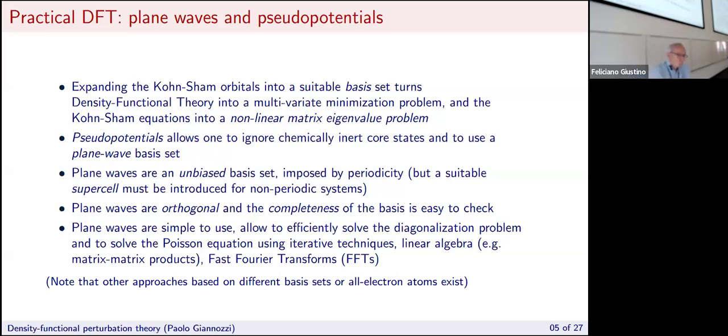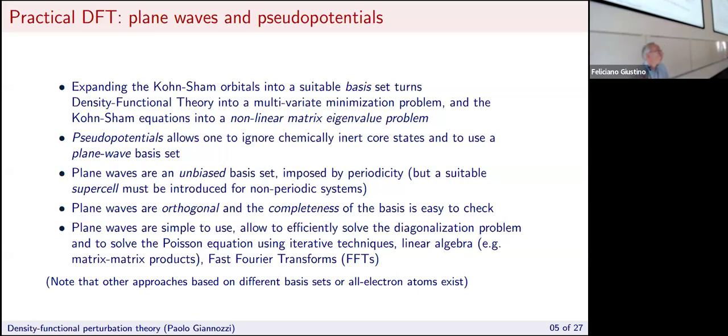So you have to expand the Kohn-Sham orbitals into a suitable basis set, which is a plane wave basis set in our case, and the expansion coefficients become the variables of the problem, the set of vectors. So a vector for each orbital, and the Kohn-Sham equations become a nonlinear matrix eigenvalue problem. So you have to solve self-consistently a matrix eigenvalue problem.